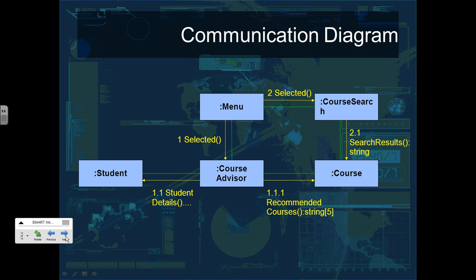So if student wants to send some details to course advisor, or if the course advisor needs some details from student, you'll have a line of code in your course advisor class that will call, you'll type student.details, and that's how you can get the information out of these different blocks, out of these different classes, how your blocks of code communicate.